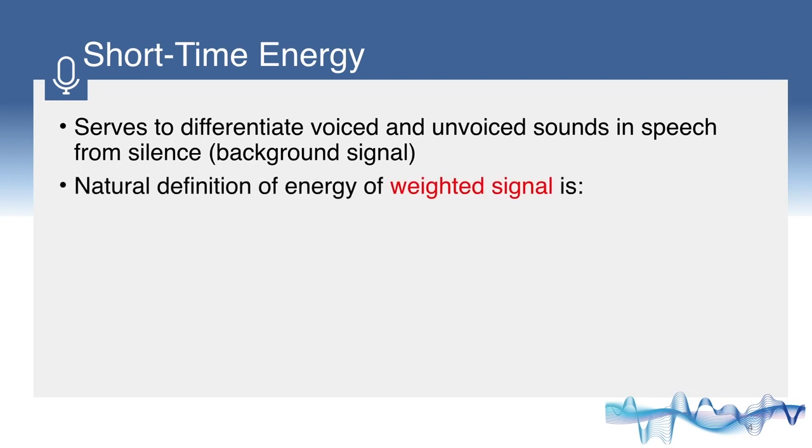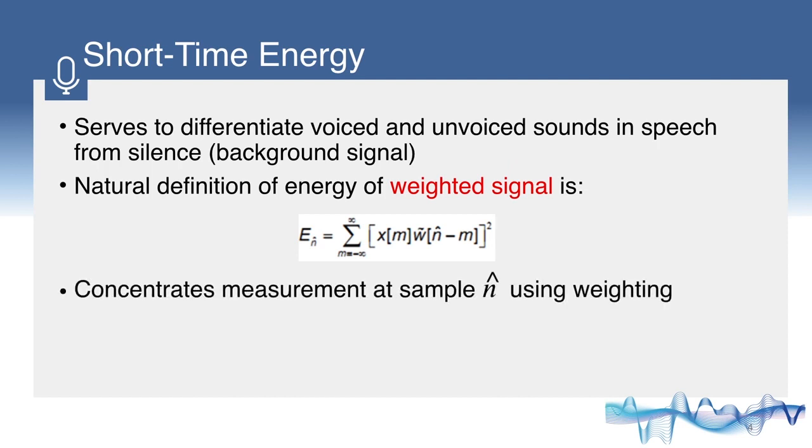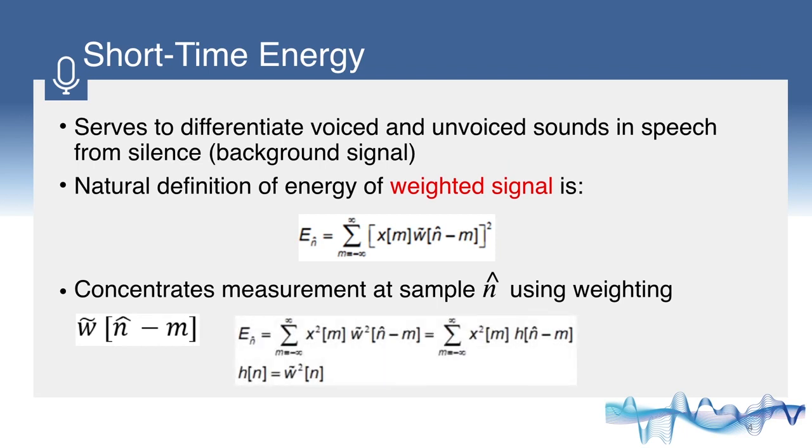We can also use the natural definition of energy of a weighted signal. At this time, the energy in a short interval becomes the sum of squares of a portion of the signal. This processing can concentrate the measurement at sample n using a weighting function. The weighting functions can have different window shapes.